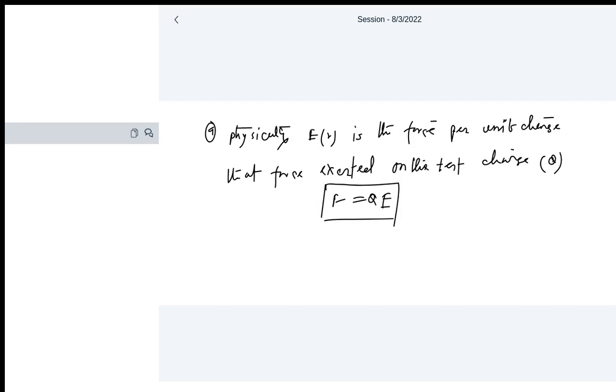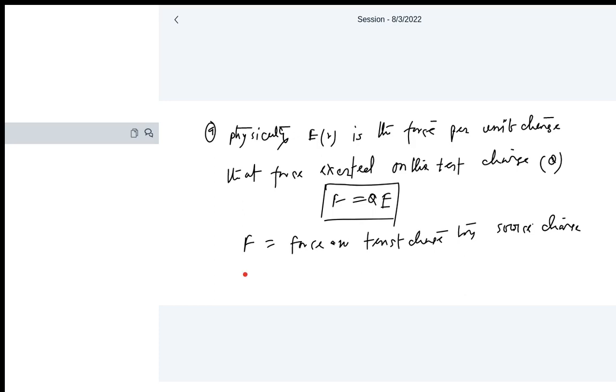So here F is the force on the test charge by the source charge. It is expressed as F equals qE.